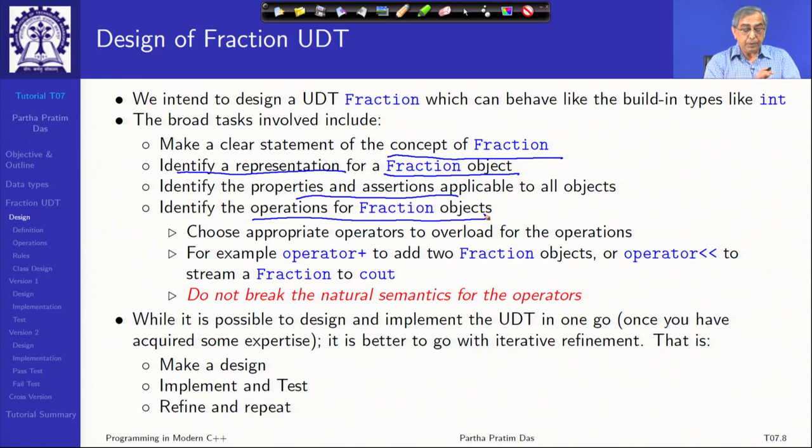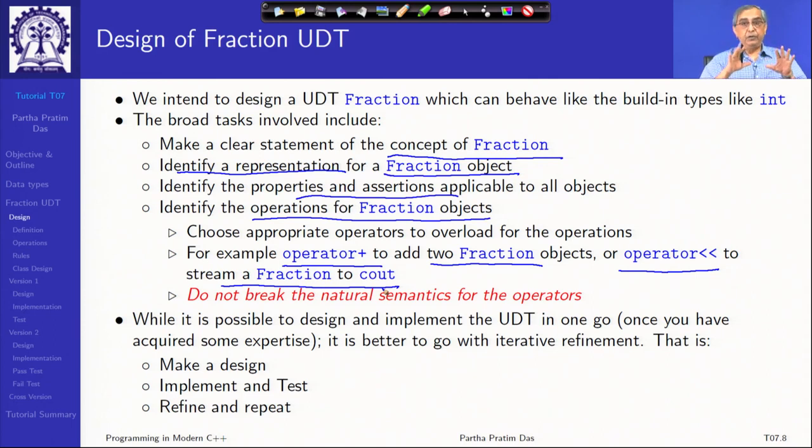Now, obviously, for the operations, you have to choose the appropriate operators to overload. You could just use member functions for doing different operations, but we will see why having overloaded operators will really help. And when you make such a choice, you have to be careful. For example, you could choose operator plus to add two fractions, or operator output streaming to stream a fraction object to cout.